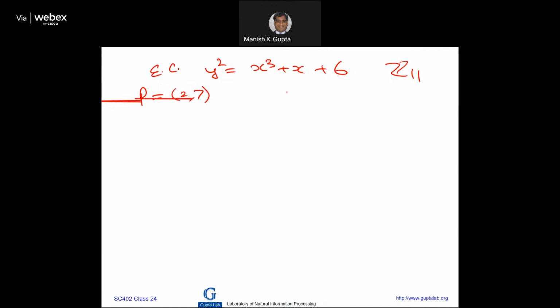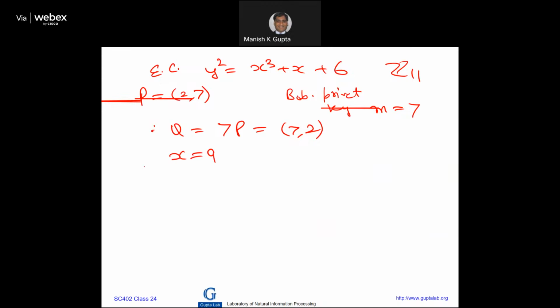This is as in the previous example. Bob's private key is m equal to 7. Therefore, Q is nothing but 7 times P, equal to 7 comma 2. You can compute all these things. Suppose Alice wants to send x equal to 9. This is the secret that Alice wants to send.